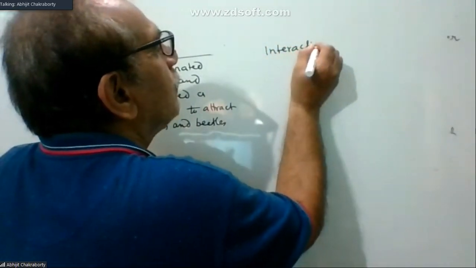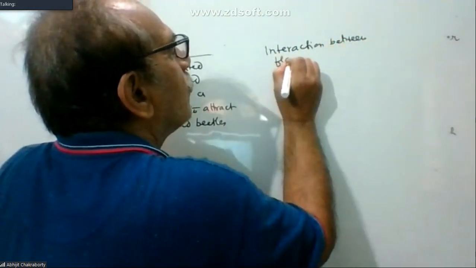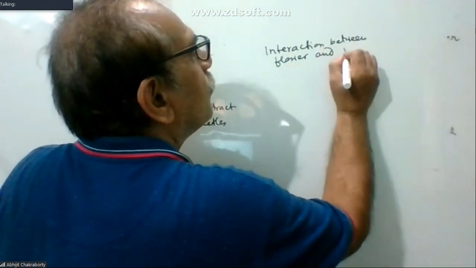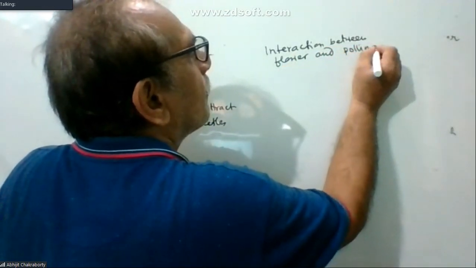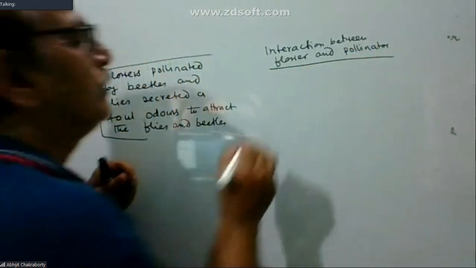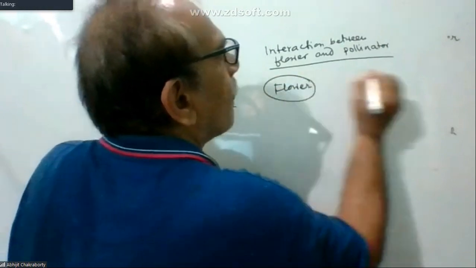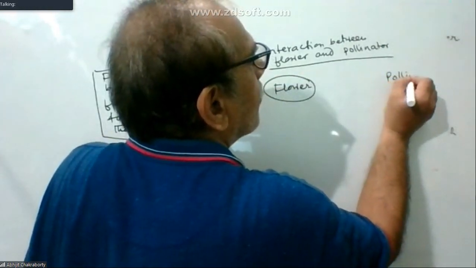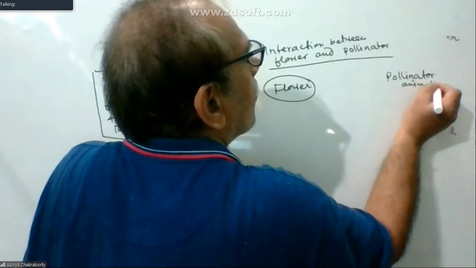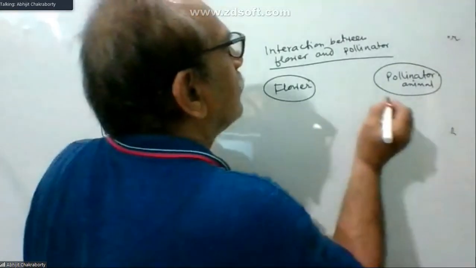Another specialty you see: the interaction between flower and pollinators. So this is a flower. What happens here?